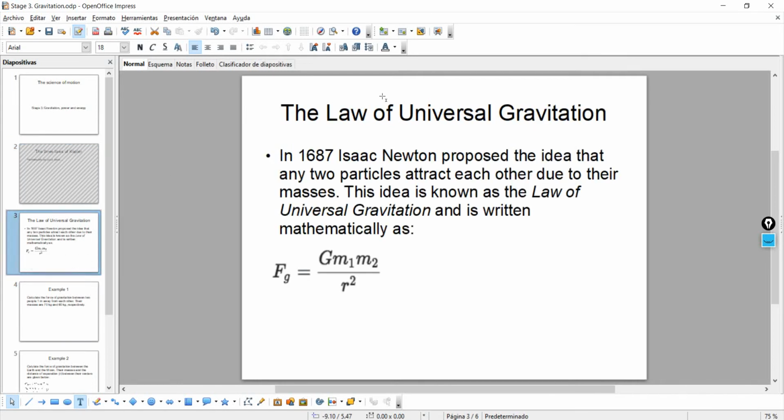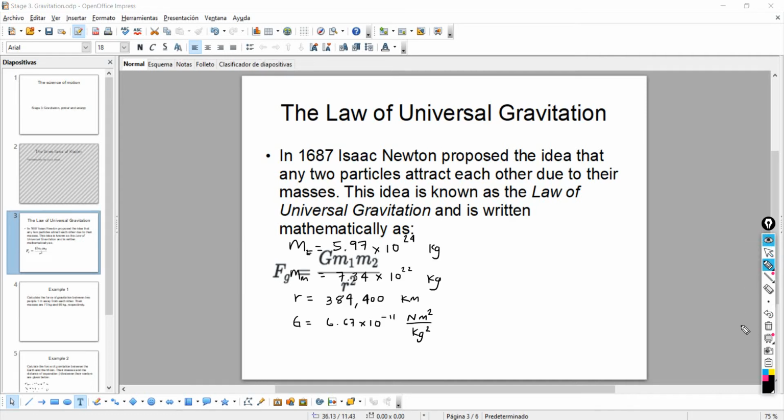The thing that I will explain though is the law of universal gravitation. What is this? Well, we know, guys, that in 1687 Isaac Newton, probably the most popular scientist in the world throughout history, proposed the idea that any two particles attract each other due to their having masses.